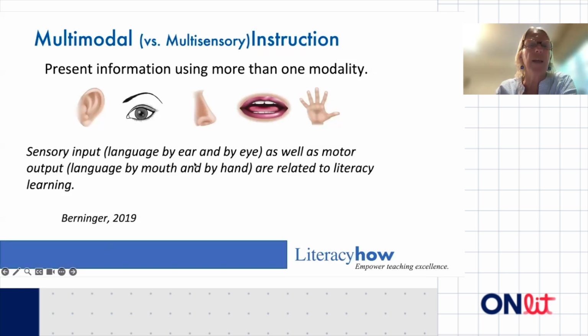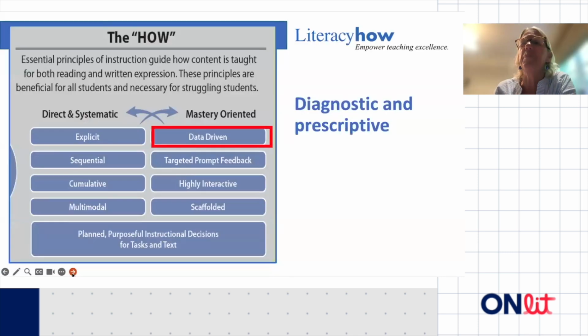So we think about language by ear and by eye, which is sensory input, as well as motor output, language by mouth and by hand. And that's Virginia Berninger's work. And she's another one of my mentors who I've learned so much from.